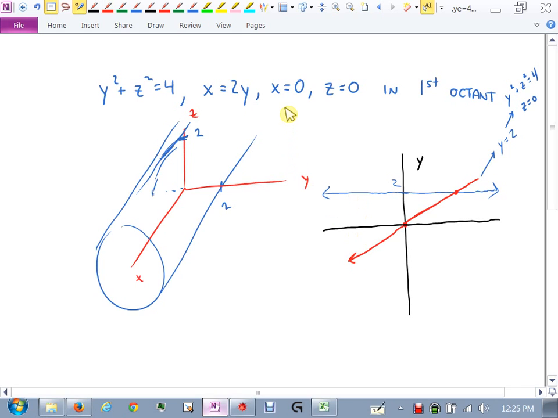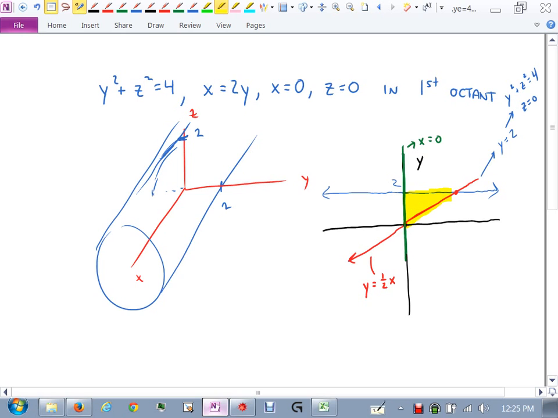And then x equals 0. This one was y equals 1/2 x. X equals 0 is this vertical y-axis like this. Z equals 0 is the ground, right?